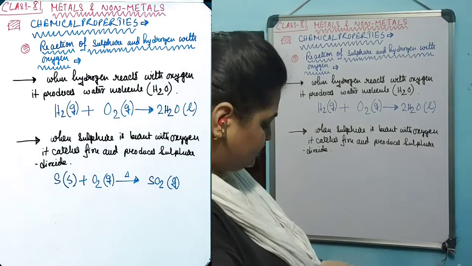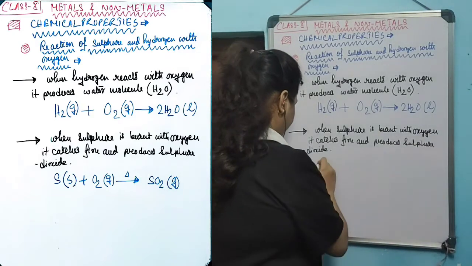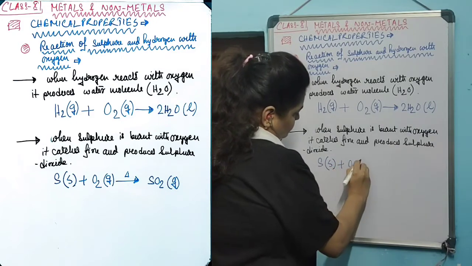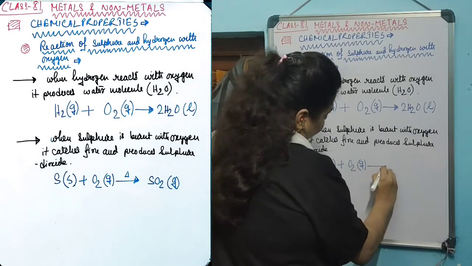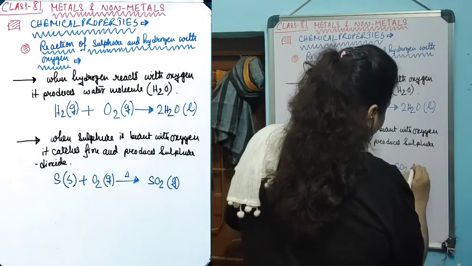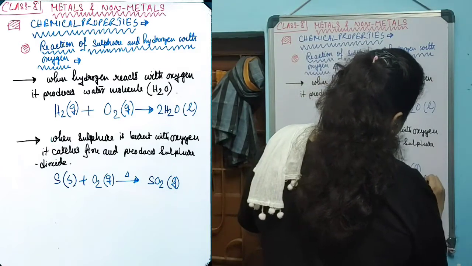The chemical reaction for this is: sulfur solid reacts with oxygen gas, and when it is heated, sulfur dioxide gas is produced.